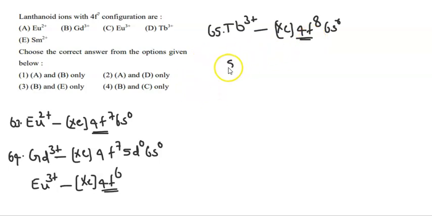If you write samarium 2+, samarium atomic number is 62. Its electronic configuration is xenon 4f6 configuration. So out of the species given, 4f7 configuration is there for gadolinium 3+ and europium 2+. Both are there in option 1, which is the correct answer for this question.